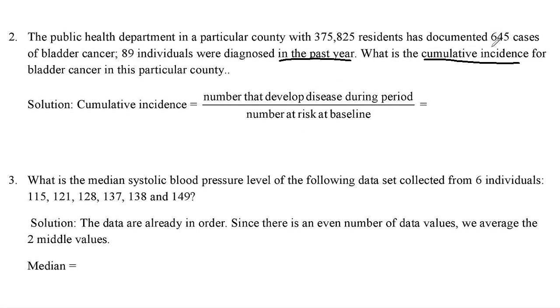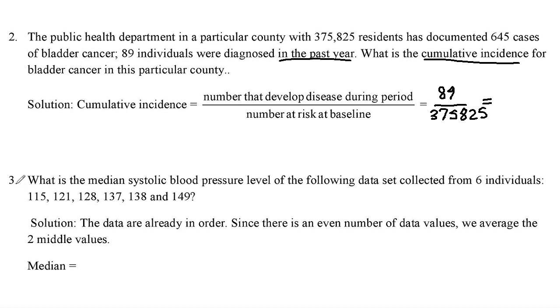So there were 645 cases ongoing, but only 89 in the last year. And then the total number at risk at baseline is the population of the county at 375,825. So really this 645 is extraneous information.